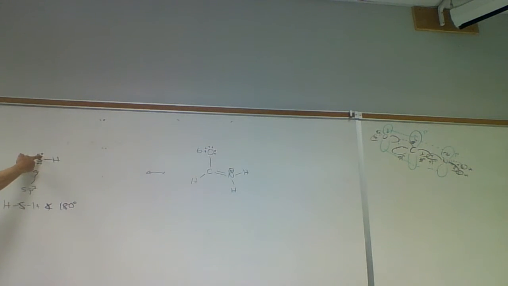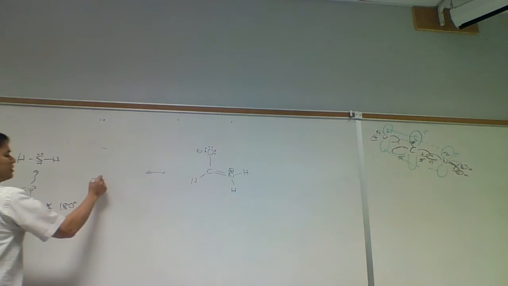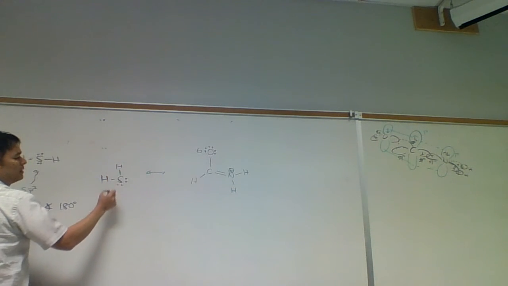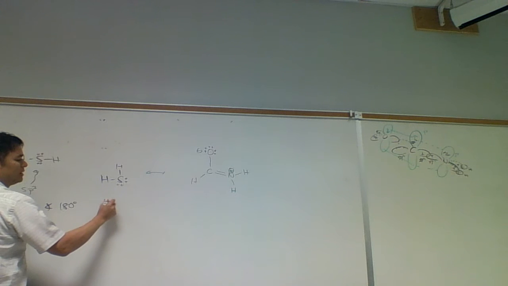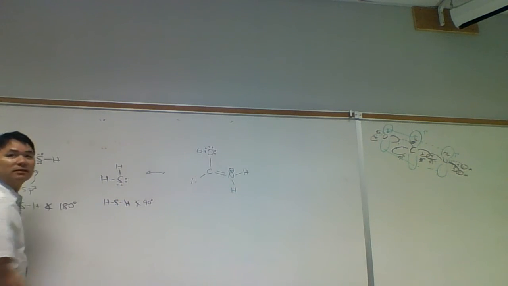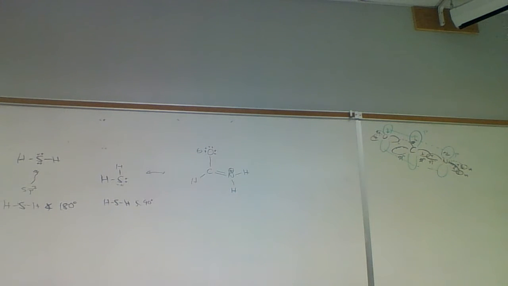Looks like 180 degrees. However, if I draw it like this, a lot of people will tell me the HSH angle looks like it's 90 degrees. 90 degrees. So which one is it? Is it 90 degrees or 180 degrees or neither of those? Neither of those, because when you draw a Lewis structure, you don't have to be accurate unless you're trying to be.